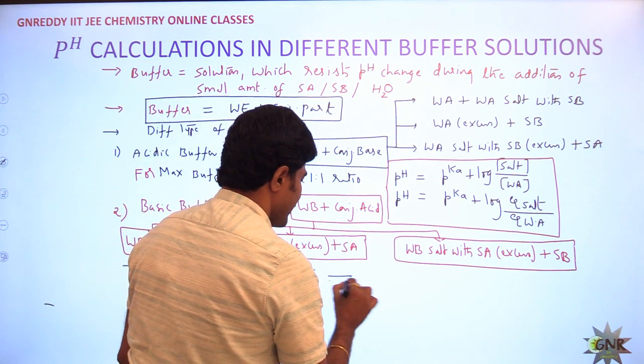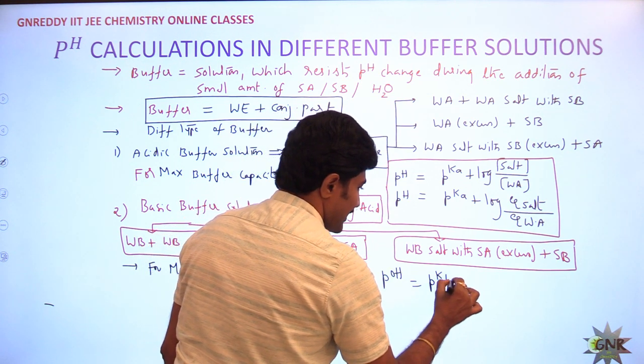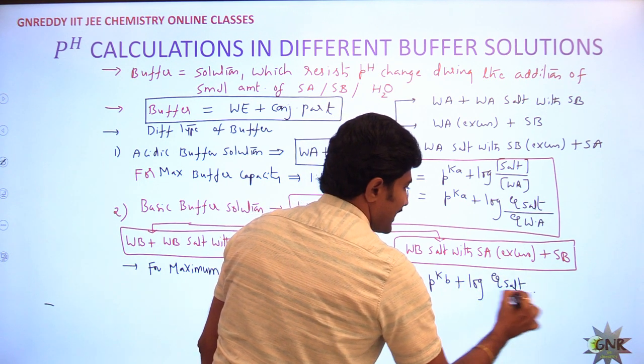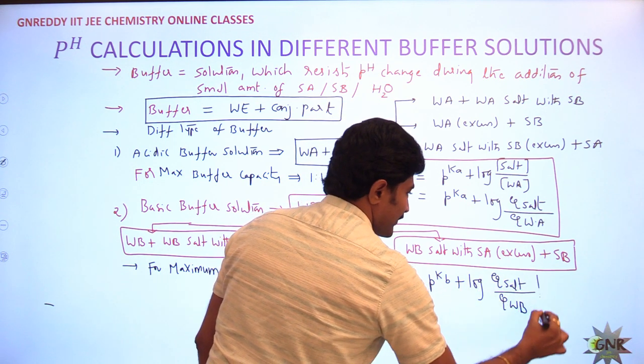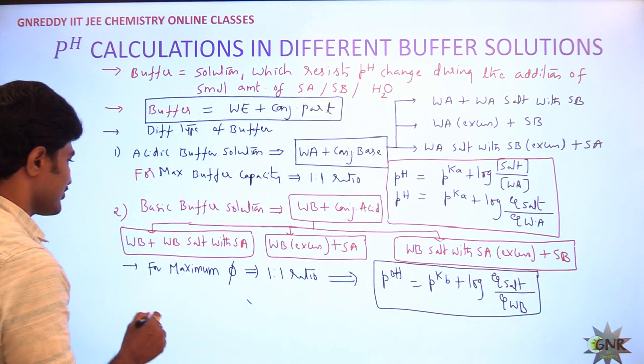The corresponding equation is pOH is equal to pKb plus log of equivalents of salt by equivalents of weak base. Like this you can take it directly. So this is the second type of buffer solution.